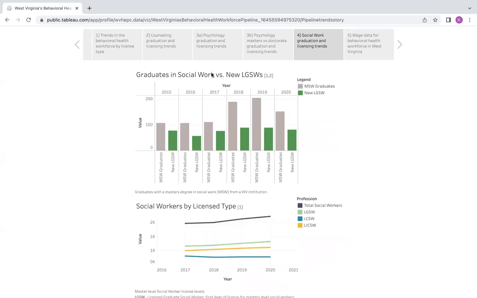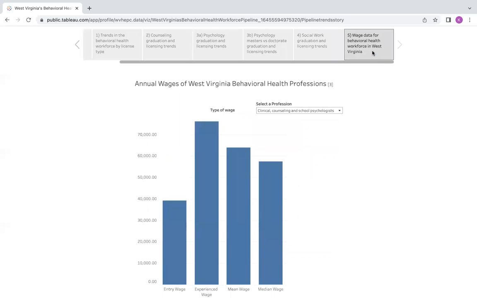Social workers do not need postgraduate experience before they can be licensed at the basic master's level licensure. West Virginia does license bachelor's level social workers, but as I had said, we are looking at master's level and above for the core behavioral health workforce.